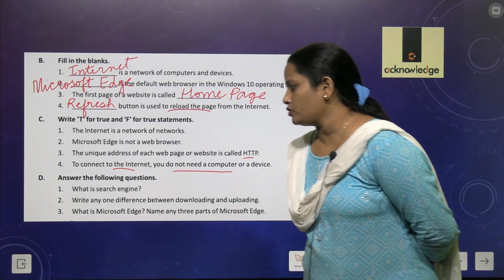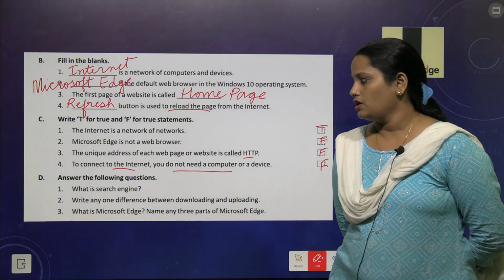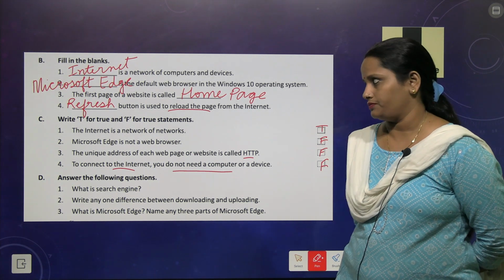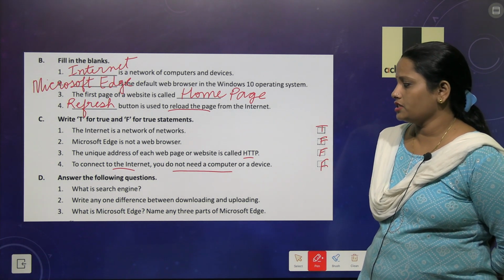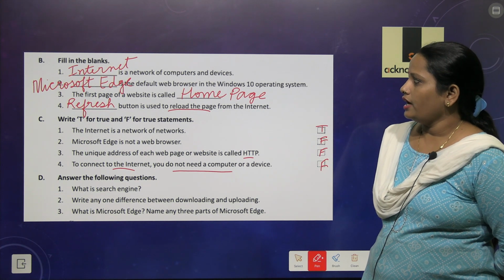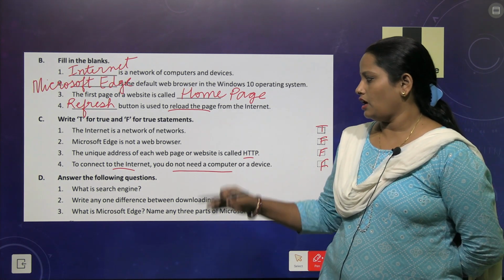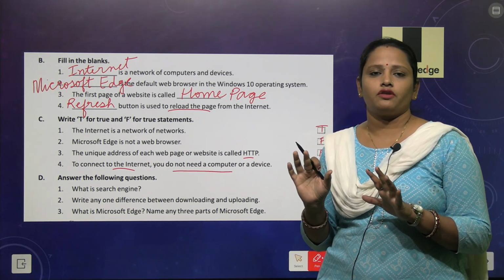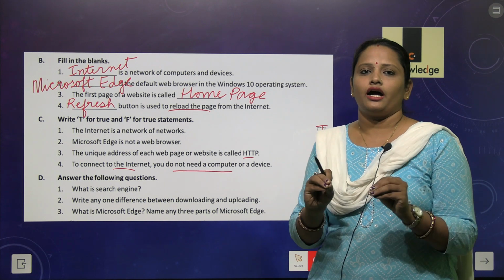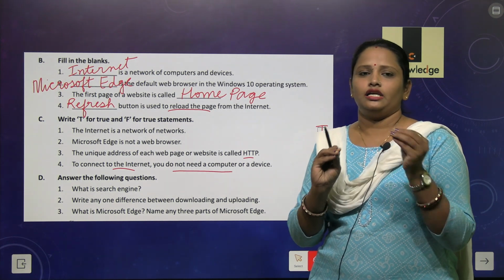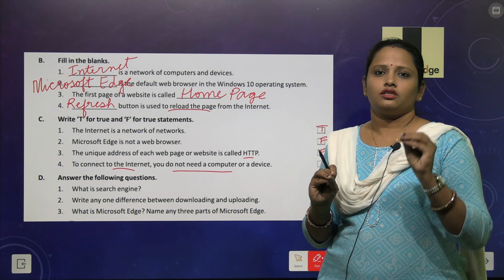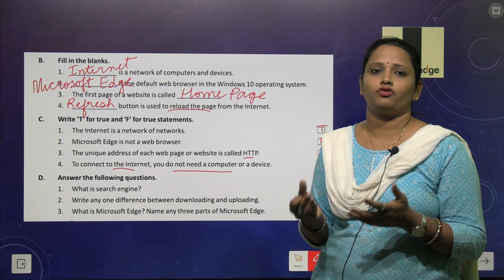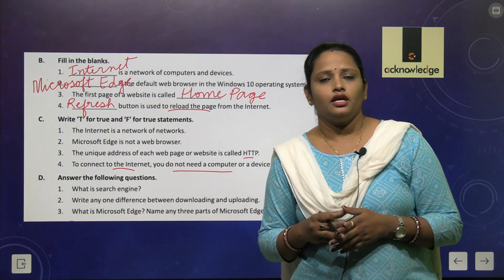Now let's come to the question and answer round. First question is, what is a search engine? A search engine is a tool in which we can enter a simple keyword, and after we put that keyword, the search engine helps us get the information from the internet.